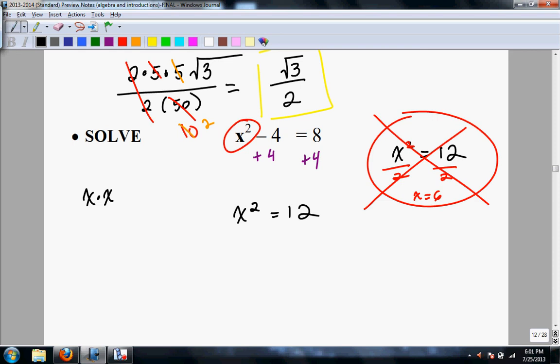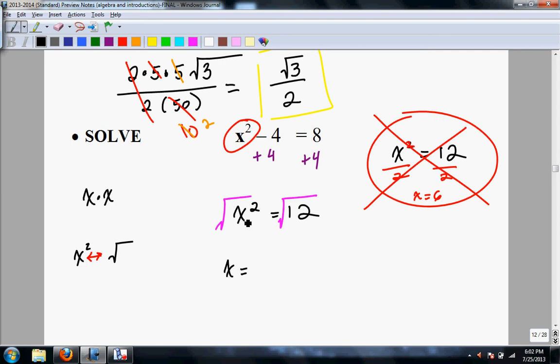So the opposite of squaring is not dividing, it's square rooting. The opposite of squaring is square rooting. So this is the proper inverse operation, not dividing by 2. So back to our original equation, we have x squared equals 12. To undo the square, you do not divide by 2, you square root.